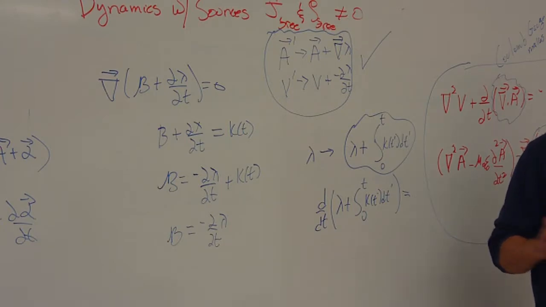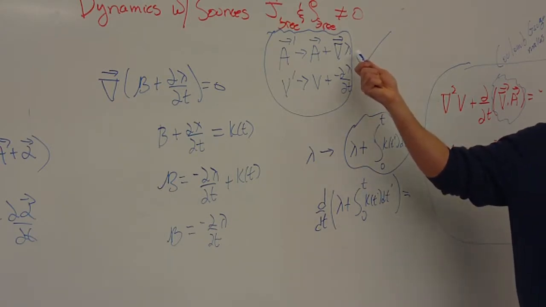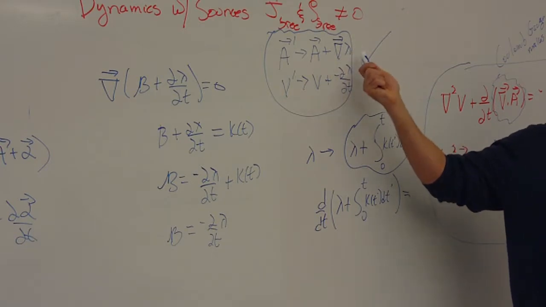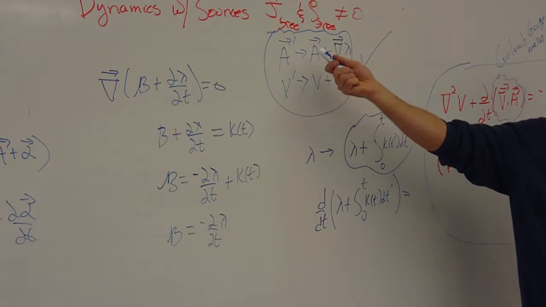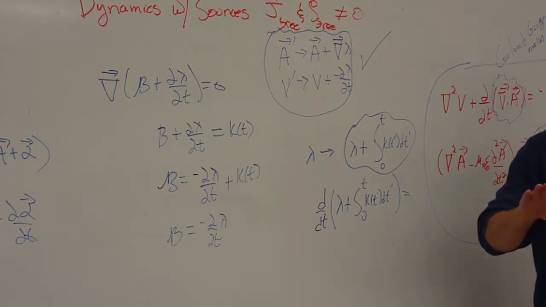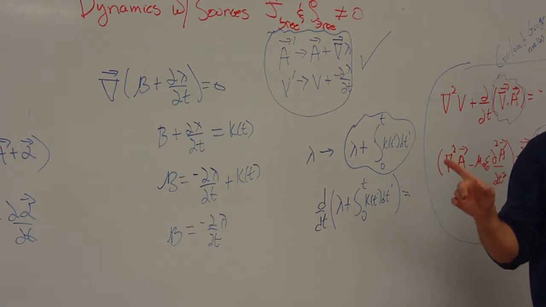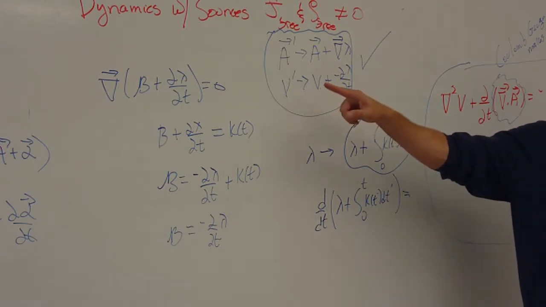Okay, let's say it a different way. I can take any scalar function lambda that I want, and the gradient of it will be such that its curl is 0. So that gives you the same vector potential A. And at the same time, using that same scalar function, take the time derivative of it, and combined with the original scalar potential, that will give you a new scalar potential.